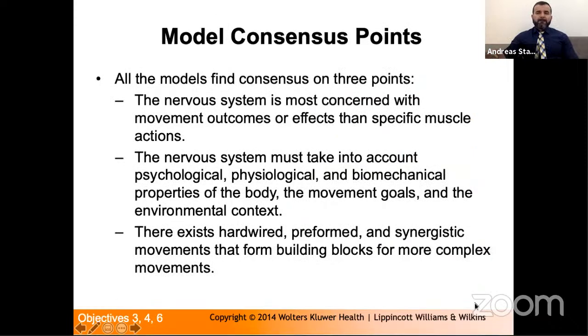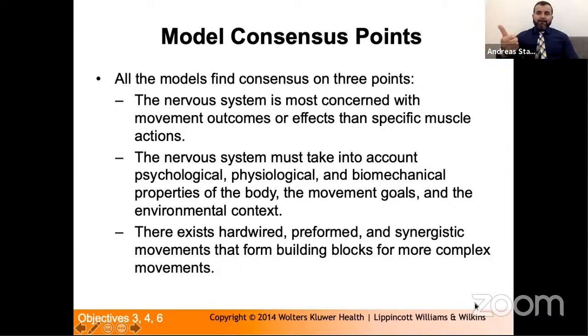In any case, no matter what kind of model you use or believe in, there are 3 points that are common. Let's stop here for a second. 1, the nervous system is most concerned with movement outcomes, not muscle actions. So the nervous system cares about doing something or not doing something, not which muscle it will activate.